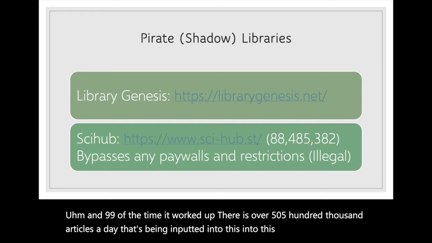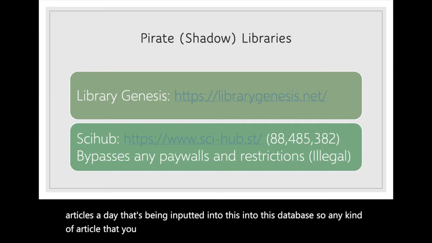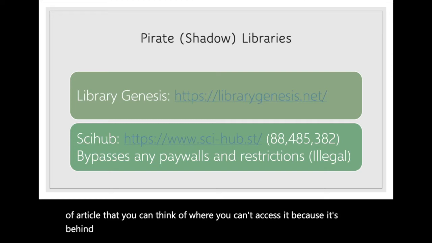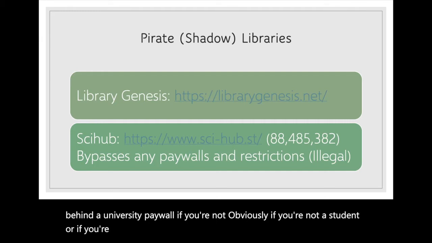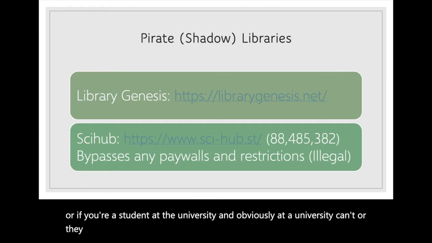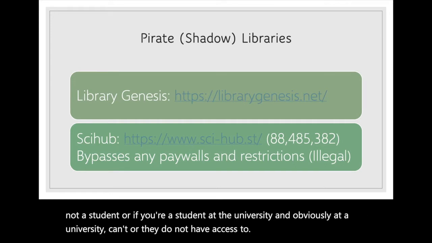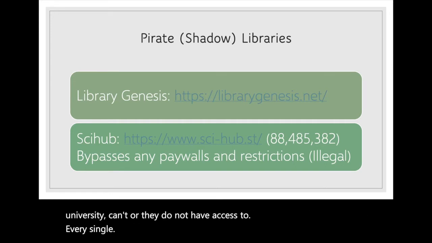So any kind of article that you can think of where you can't access it because it's behind a university paywall, if you're not a student, or even if you're a student of the university, obviously the universities do not have access to every single journal or ebook.